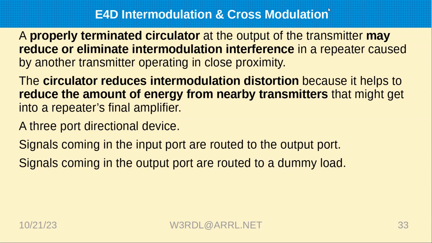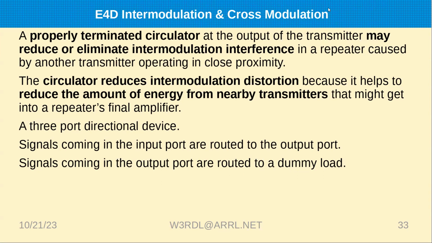It's normally a 3-port directional device. And don't tell me how they work inside, but it has an input port, and signals coming in on the input port are routed to the output port. Any signal coming in on the output port gets routed to the third port, which is normally connected to an internal dummy load or an external dummy load.